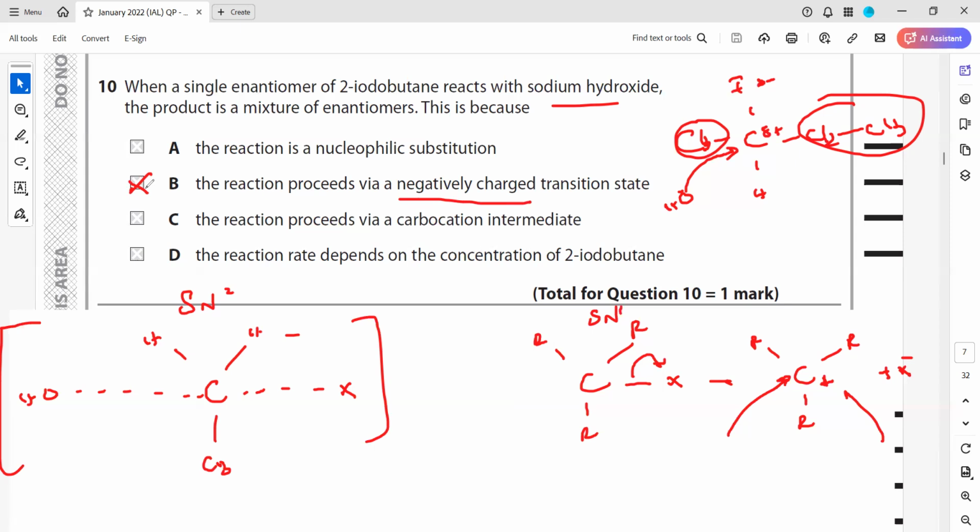If it was SN1, then it will form a carbocation and result in the formation of two enantiomers, which is a racemic mixture. Both optical isomers will be formed. But here in the question they mentioned the product is a mixture of enantiomers. So if it's a mixture of enantiomers, then C will be the answer, SN1. If only one type of enantiomer is there, then B will be the answer.